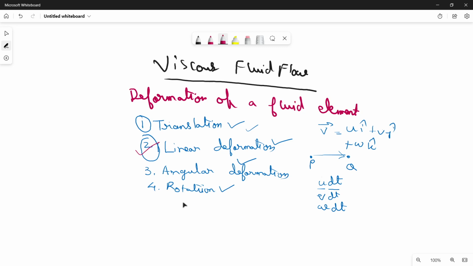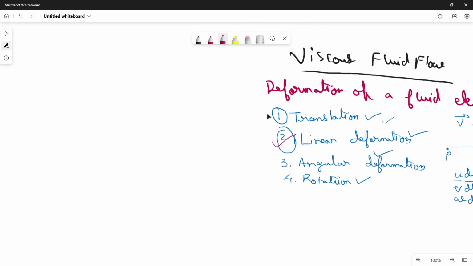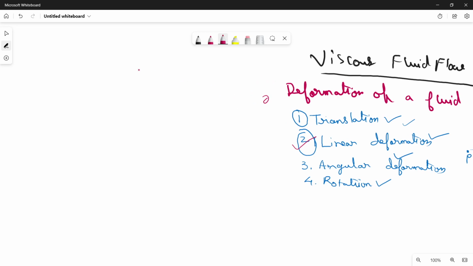Okay. So linear deformation is basically the change in the length in each direction. Along x direction it is del u by del x into dx into dt.